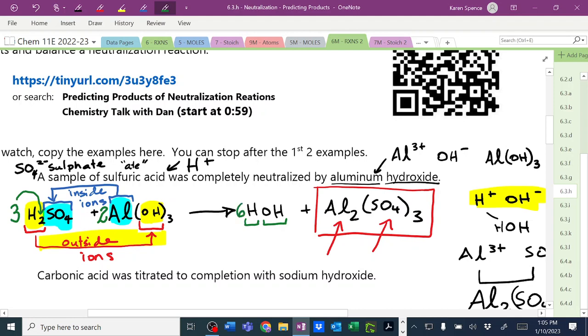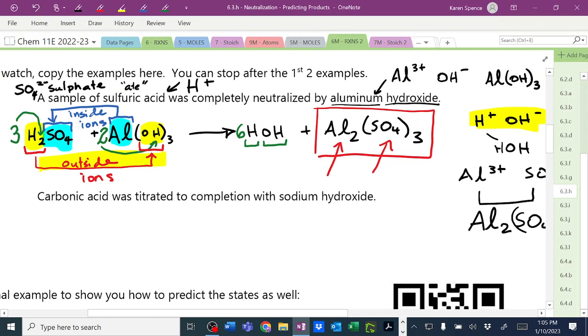How many hydroxides do we have? We have 2 times 3, which is also 6. All done. And you can rewrite the HOH as H2O if you want to. Is that good? Okay.